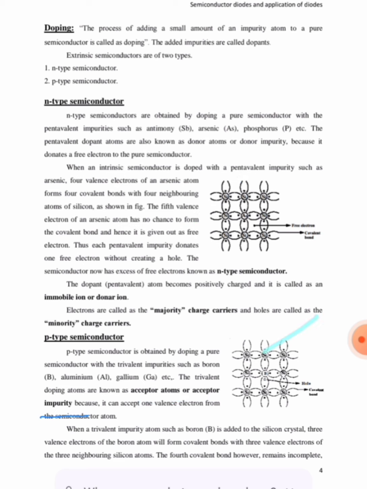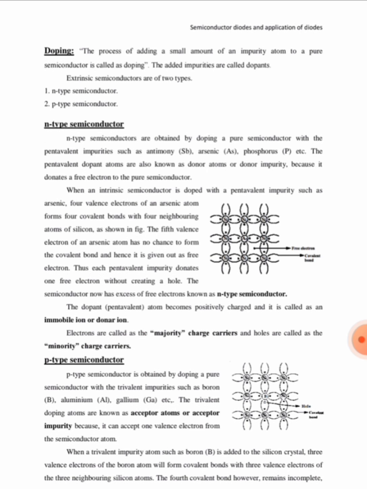So in p-type semiconductors, we can easily tell that holes are the majority charge carriers and electrons are minority charge carriers, because at the starting of this session we discussed that the movement of electrons as well as holes is responsible for the conduction of current. So in the p-type semiconductor we can see that the number of holes is more compared to the number of electrons. So holes will be considered the majority charge carriers and electrons the minority charge carriers.